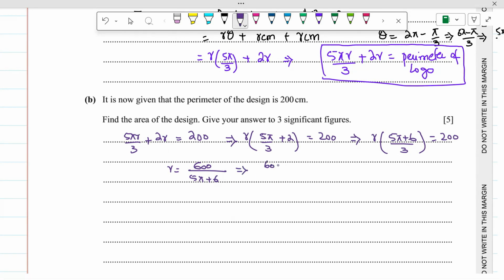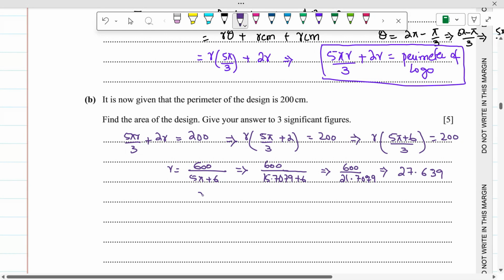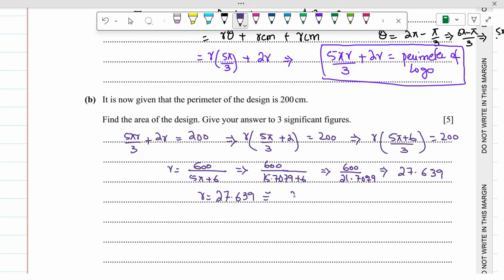Solving further, we have 600 over 15.7079 plus 6, which is 600 over 21.7079. When we divide 600 by 21.7079, we get 27.639. So the radius is 27.639, which is equivalent to 27.64. This is the radius in centimeters.